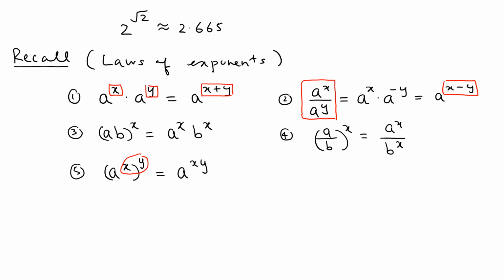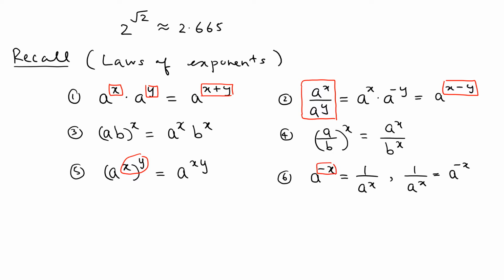And then we have, this is something that we used earlier. When you have a to the negative x, you can write this one as 1 over a to the x, or when you have 1 over a to the x, you can write this one as a to the negative x. So remember, when you change from numerator to denominator or denominator to numerator, you change the sign of the index.